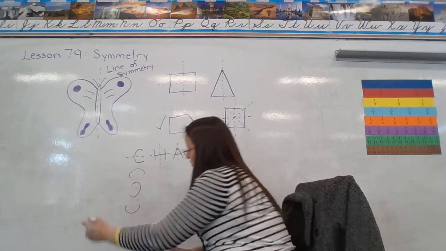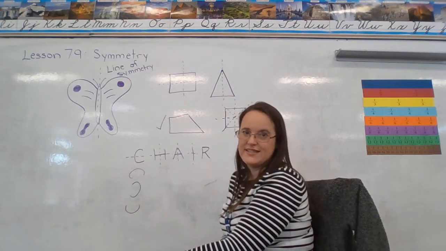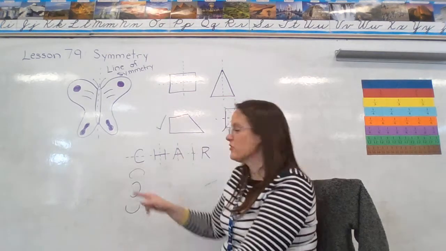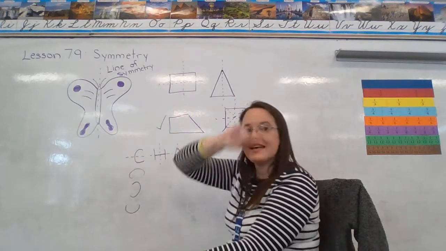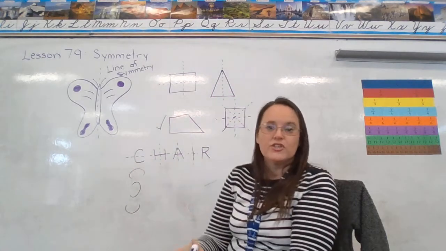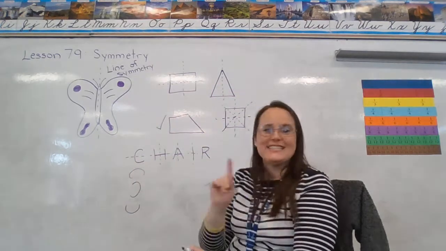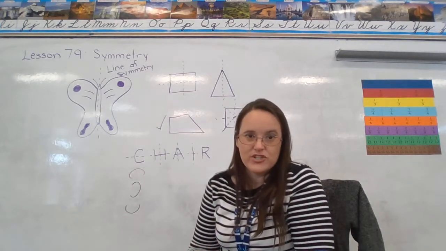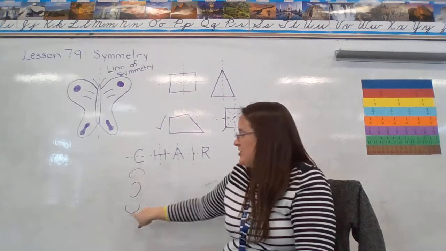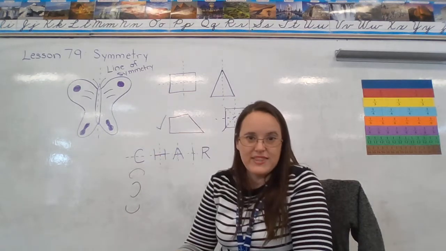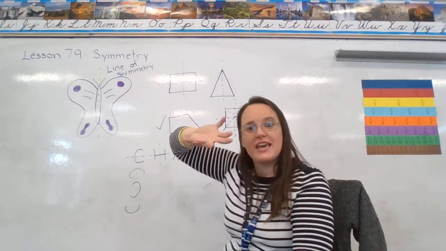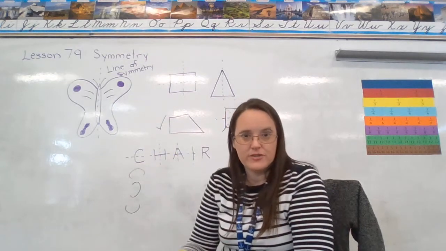Here I've turned it 270 degrees, not the same. So if I do another quarter turn, it'll be back, but that's a full circle. So we would say a C does not have rotational symmetry because as I turn it, it doesn't line up with itself until we get it the whole way around the circle.